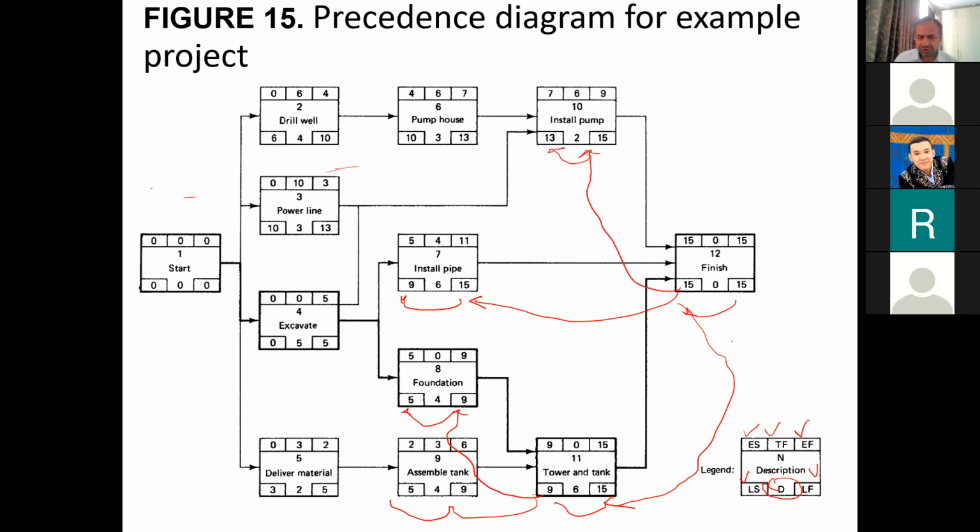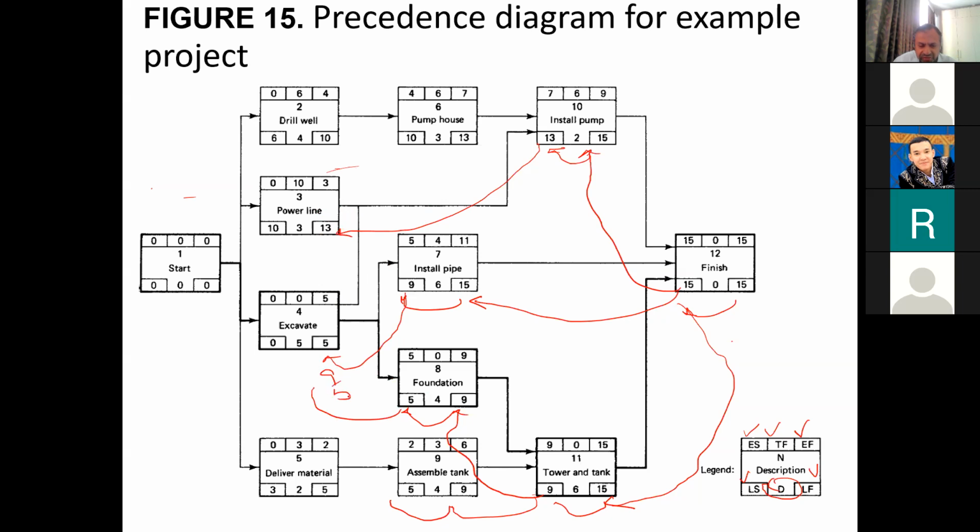15 minus 2 is 13. Then this 13 will go here. There is only one. And then this 9 goes here, but we have 9 from here and 5 also goes here.